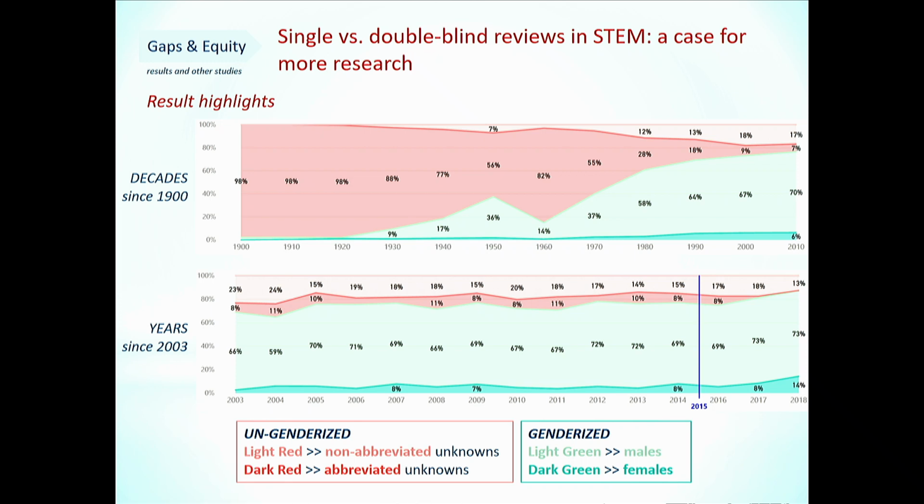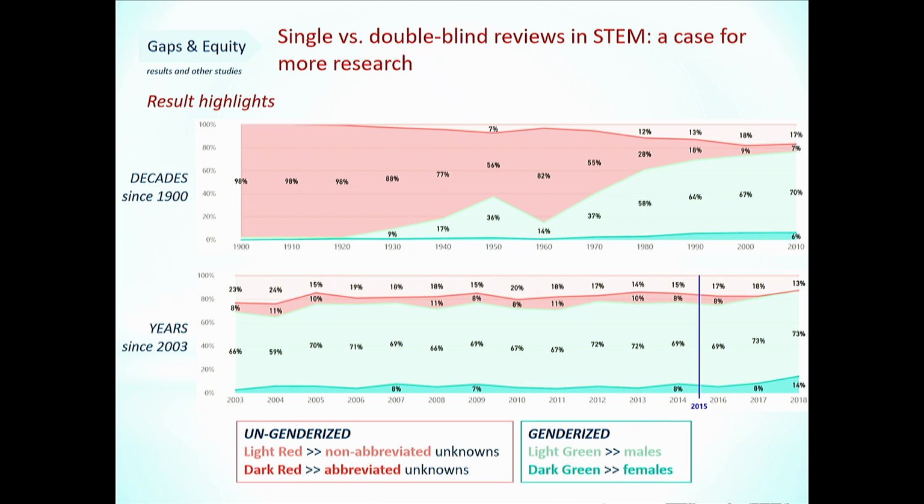We see that at the beginning, in the 1900s, most things were abbreviated, and that seems to shrink, consistent in both graphs. In the green graphs, the dark green are the female authorships, within the genderized.